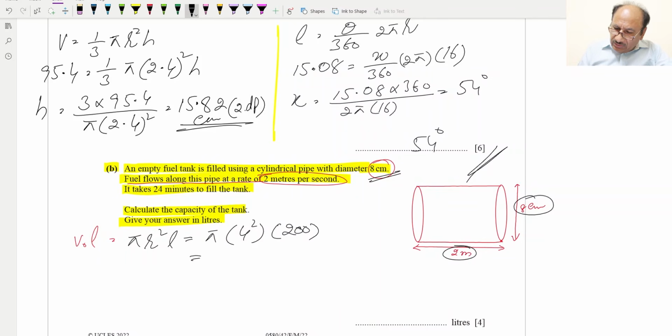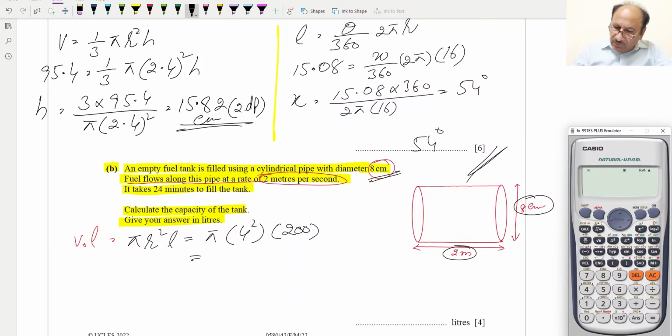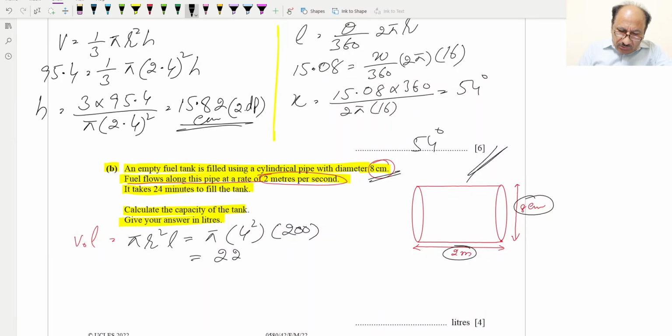Now we can calculate this. This will be 4 squared into 200, and this will be equal to 3200 pi centimeter cube.